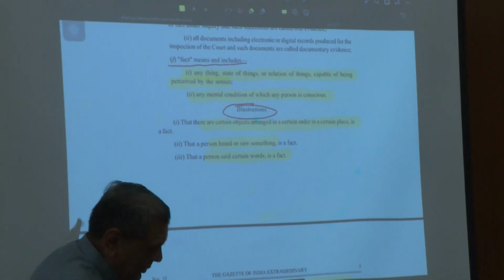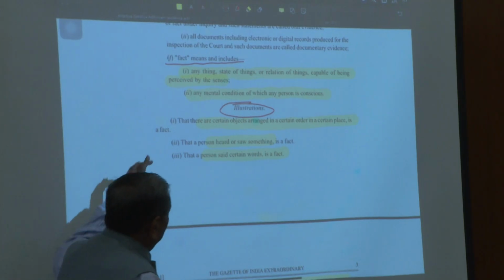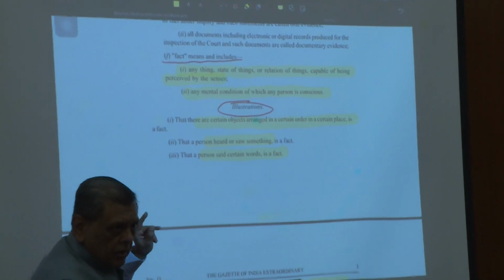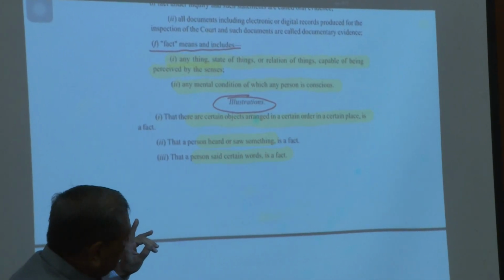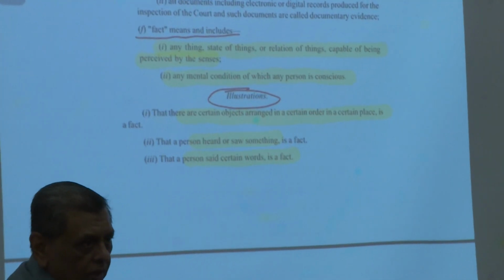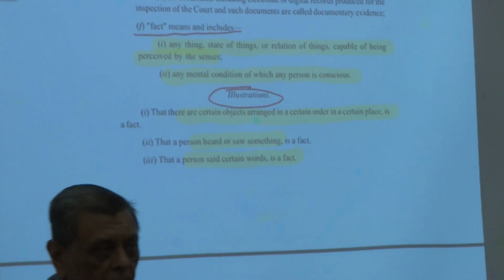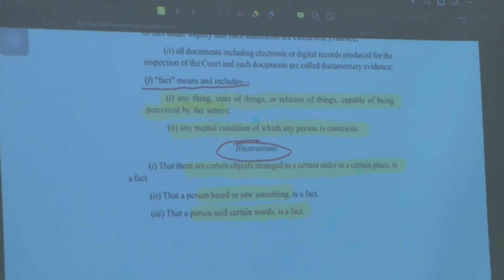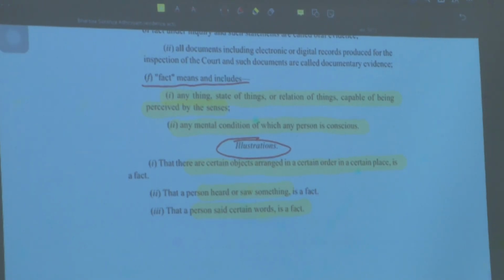There's a surprise that's coming in, okay? Anything, state of things, relation of things, capable of being perceived by the senses. Any mental condition of which any person is conscious.